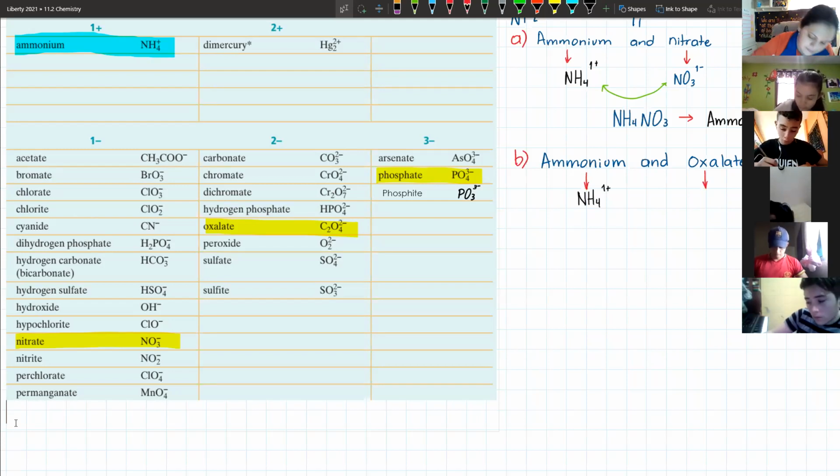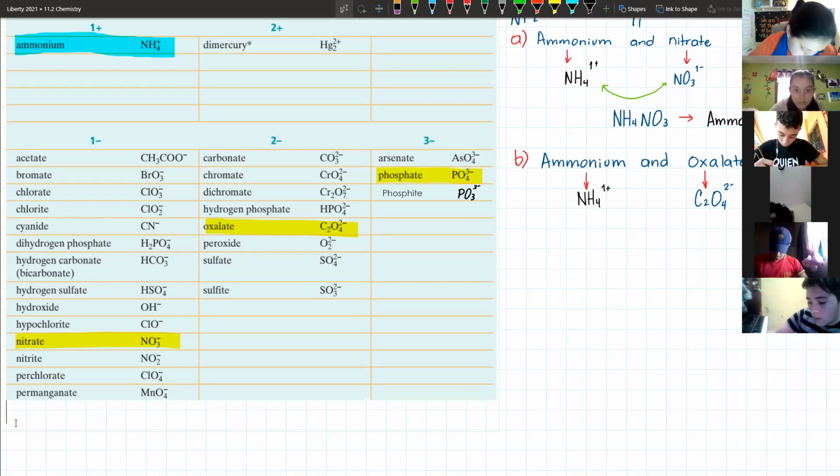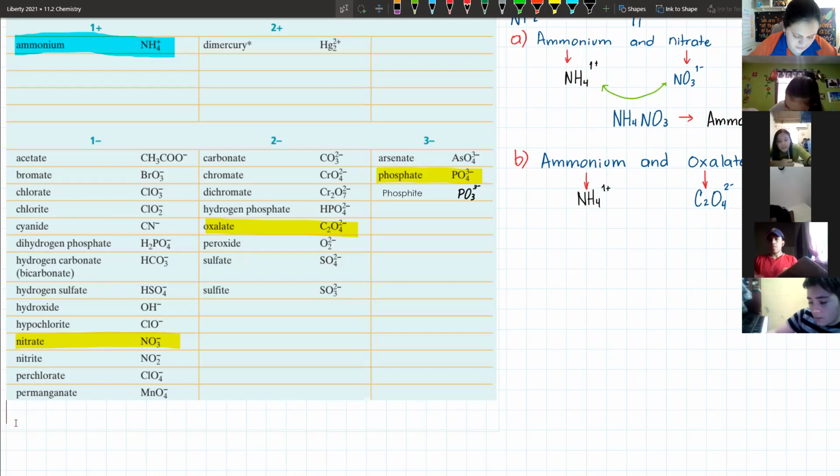For oxalate, C2O4 in the oxidation state 2-, 2 negative. So what is the first step? We cross the one in the -2. Yes, we're going to move just the one that has the -2.